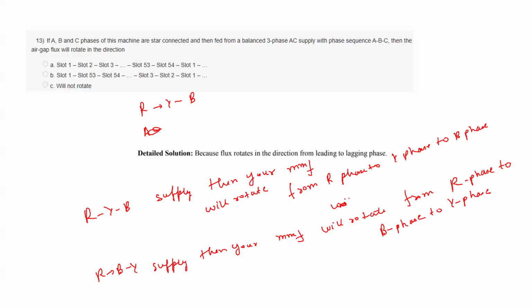So you will see that this is the slot. In our diagram also, the first R phase slots come, then Y phase slots, then B phase slots, because we kept 120 degree phase shifts like this only, right?